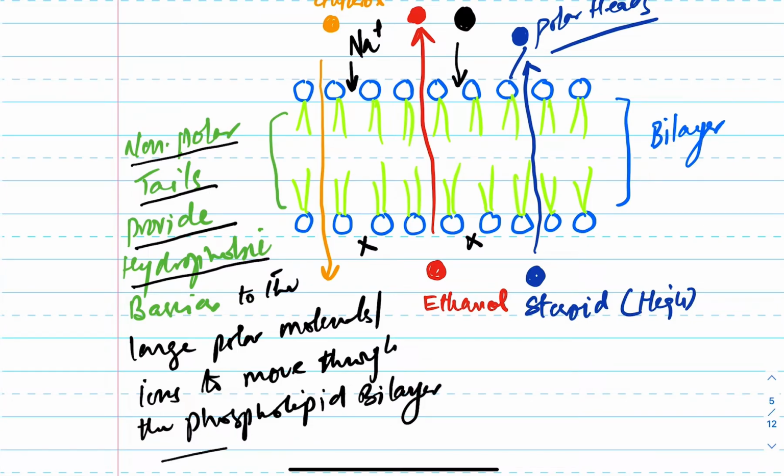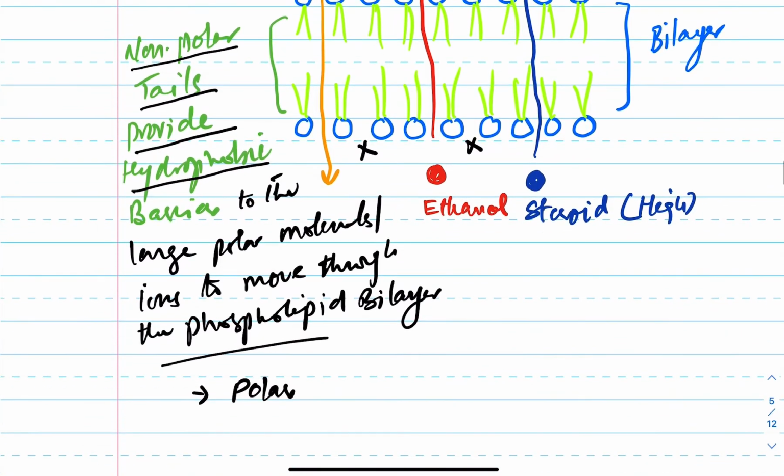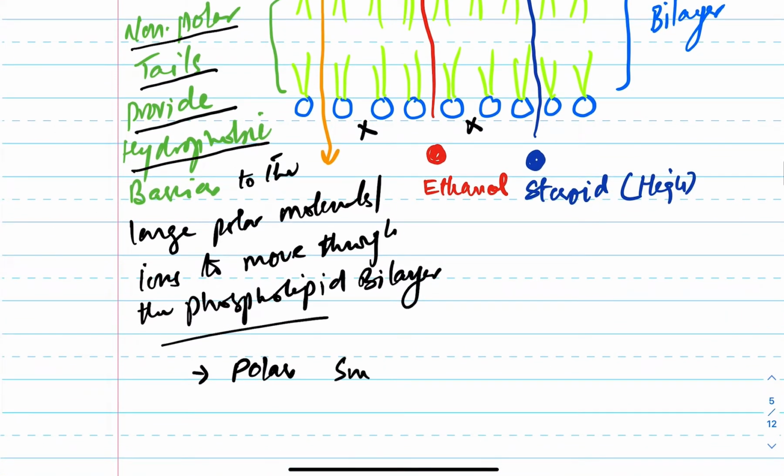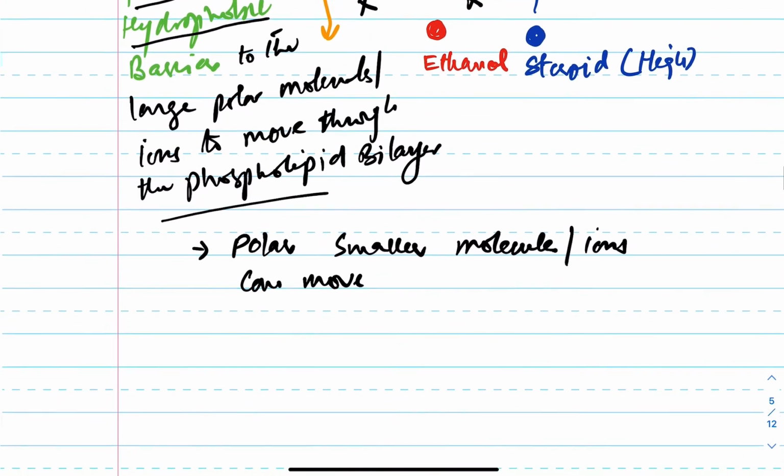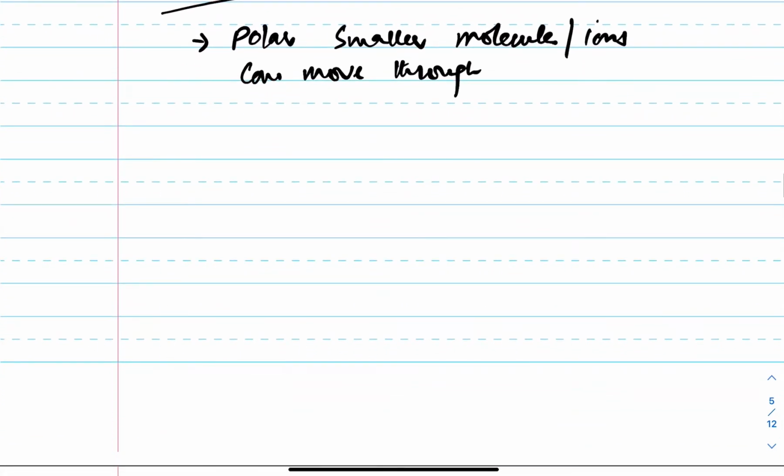Okay. Gases can move through. So smaller polar molecules or ions can move through the phospholipid bilayer by diffusion.